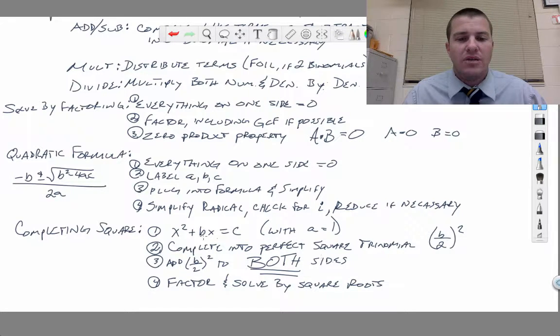You write that if you need to. Complete into the perfect square trinomial by finding b over 2 squared. You're going to add that to both sides. I highlighted this because a lot of people still only did it to the 1. You need to do it to both sides. And then you factor it and solve by square roots. Take the square root of both sides and solve for x or whatever the variable is.